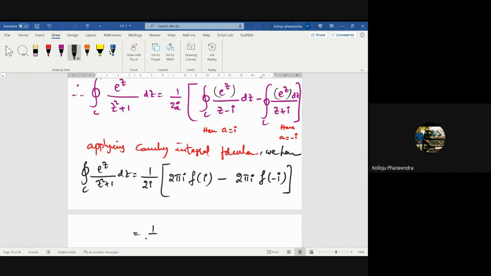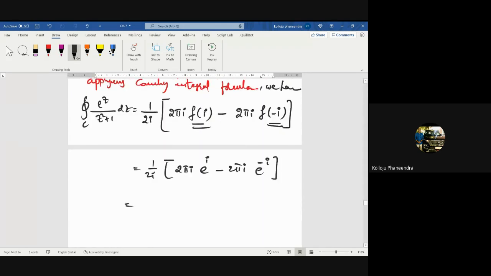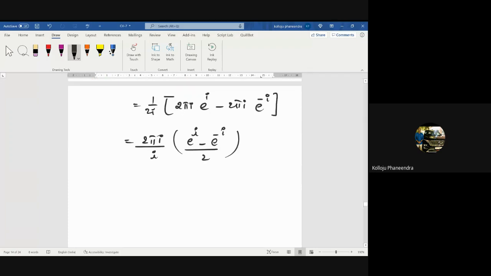Here f of z is e power z. So 2 pi i into e power i minus 2 pi i into e power minus i, divided by 2i. That is 2 pi i times e power i minus e power minus i by 2i. The i gets cancelled, so 2 pi into sin 1. Is it correct?